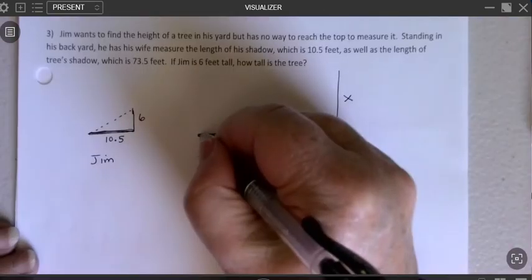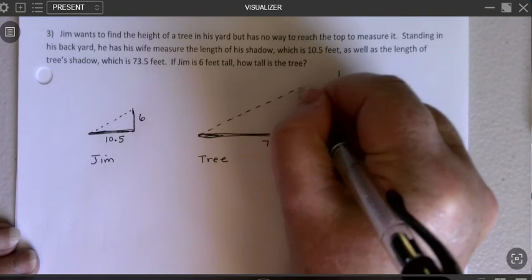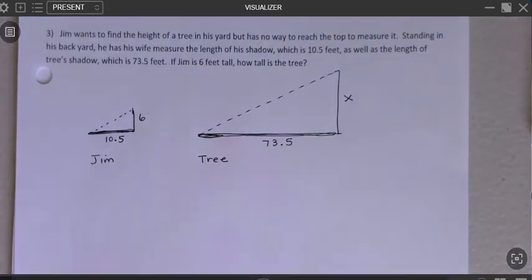And again, just going to create the triangle by drawing that in as a dotted line. All right, if these are similar triangles, I'm going to be able to set up my proportion and solve for x. But I probably should convince myself that they're truly similar triangles.